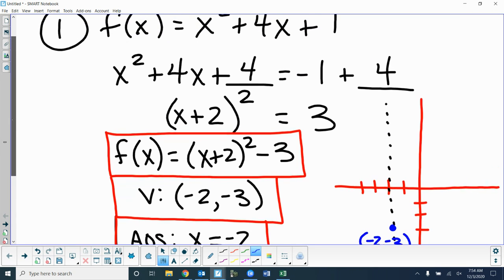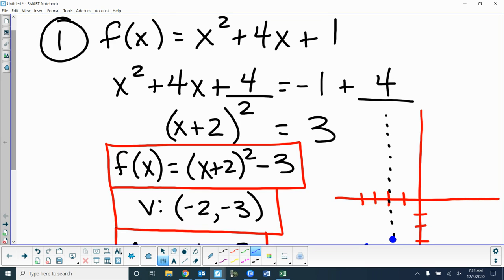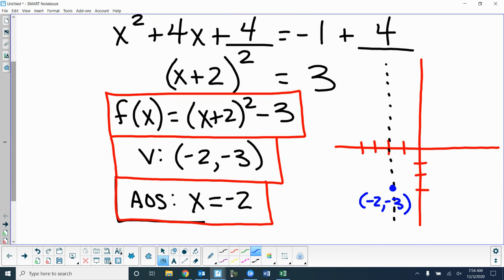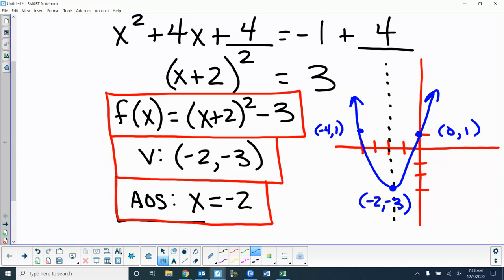I know that my y-intercept is 1, right? So right here is my y-intercept. Okay, so the other point I need is, since that's 2 away from the axis, I'm going to go 2 this way, which would be -4, 1. And then connect your 3 dots for your parabola.